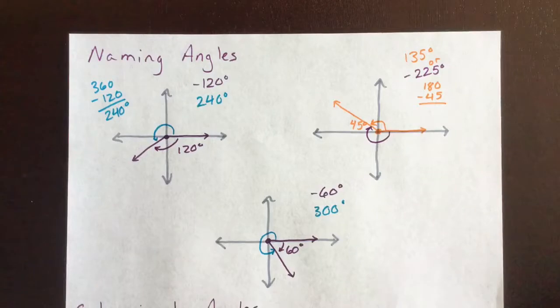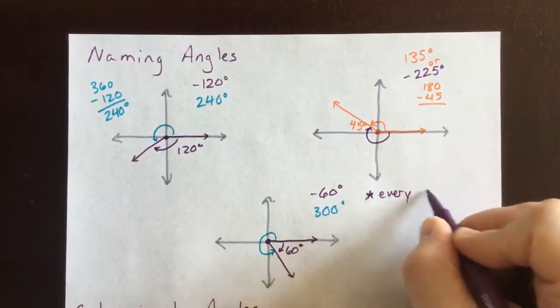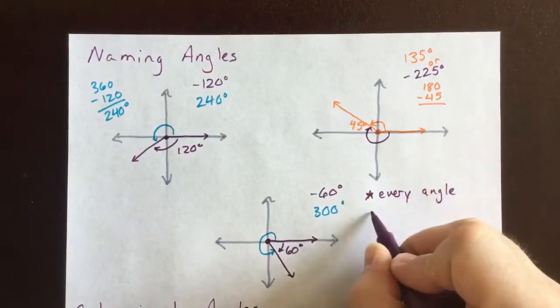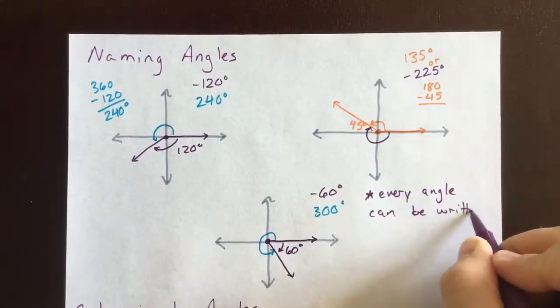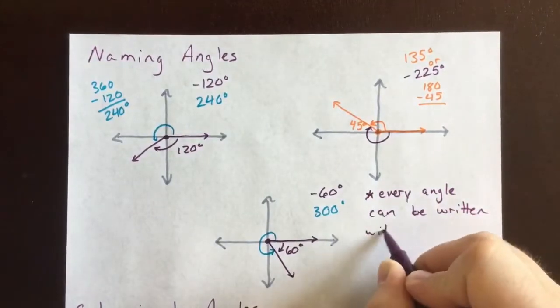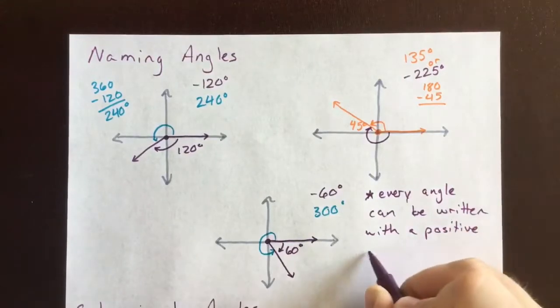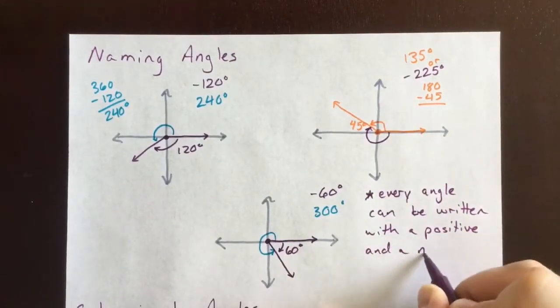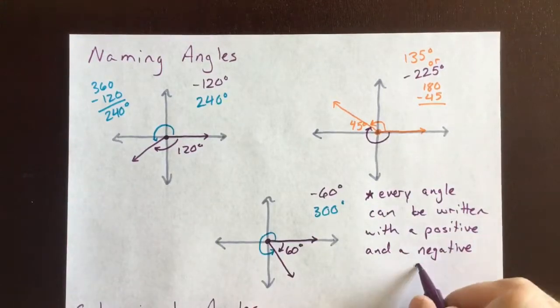But before we move on, I want to write this down. Every angle can be written with a positive and a negative measure.